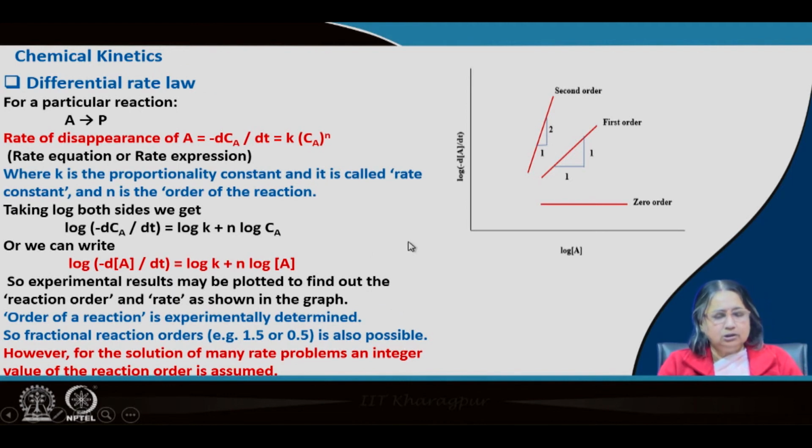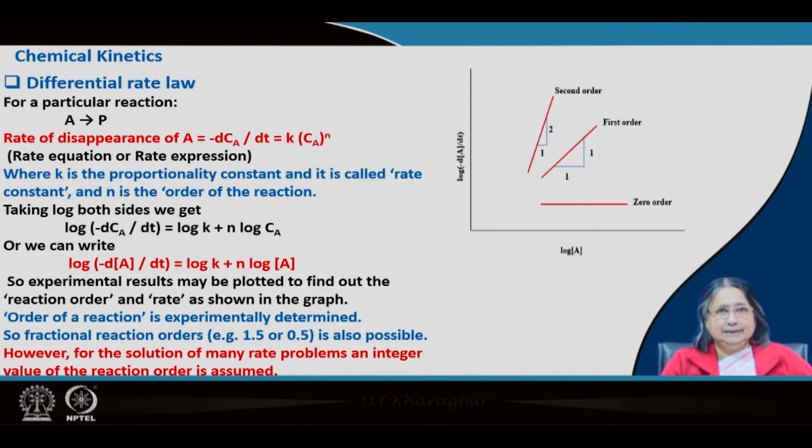You also need to know that the order is some value you obtain from the experiment, so it may be an integer or it may be a fraction also. For example, it can be 1.5 or 0.5. So, order can be a fraction.